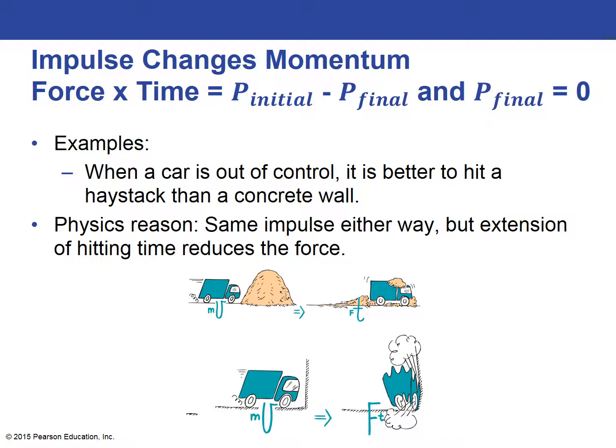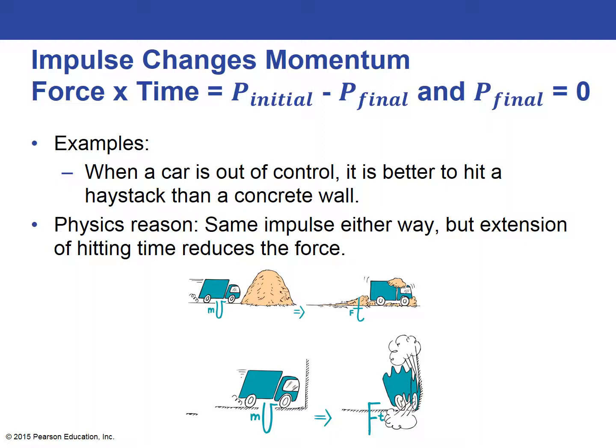And so because the change in momentum, which in this case is simply equal to the initial momentum, since the final momentum is equal to zero, is given by the product of the force times the time over which the force acts on it. In the case of the haystack, the truck slows down much more slowly, and therefore the time over which the deceleration of the truck occurs is much longer than the case where it hits a brick wall.